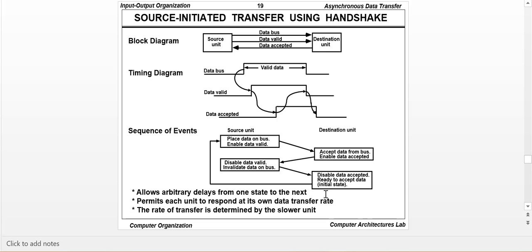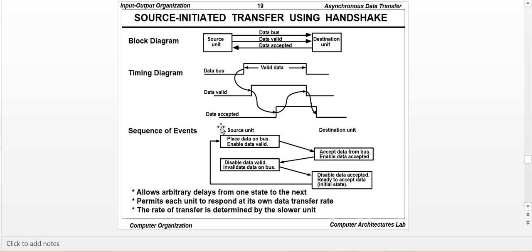In case the transfer is happening between CPU and IO, we already know that IO is very slow and the data transfer rate is very much slower. So in that case, the CPU has to wait till the data has been completely transferred to the destination unit. So the rate of transfer is determined by the slower unit.